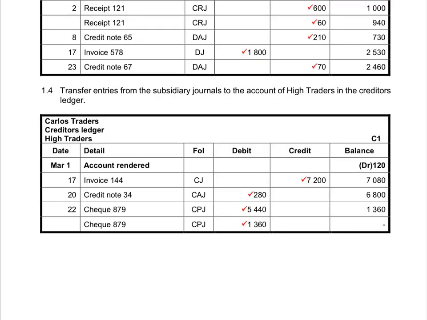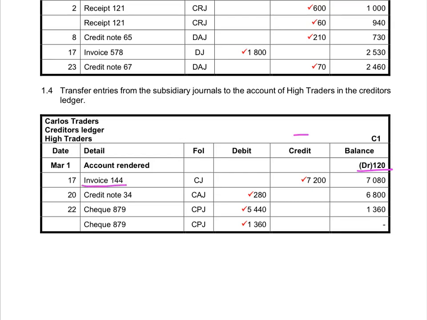In the account of high traders, we see that we have a debit balance of 120. So that means the previous month we paid more than we were supposed to pay, and they actually owe us 120 Rand. Then we bought goods on the 17th.